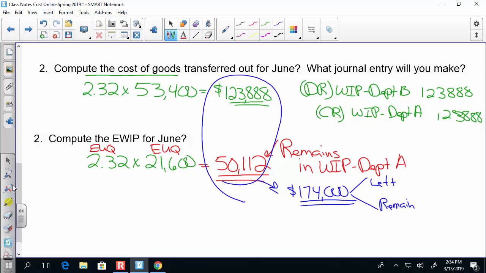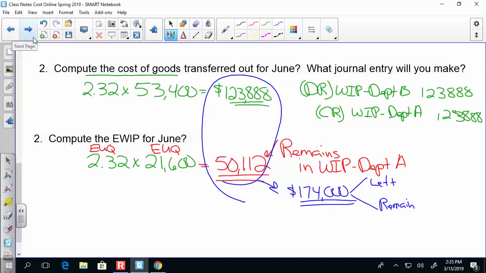What remains is the $50,112. So this is basically an informal production report, starting with the units, computing the equivalent units, coming up with a cost per equivalent unit, and then determine how much cost goes to the next department, how much cost remains in the department that we're in.